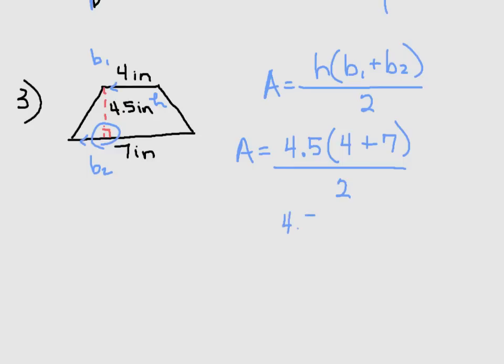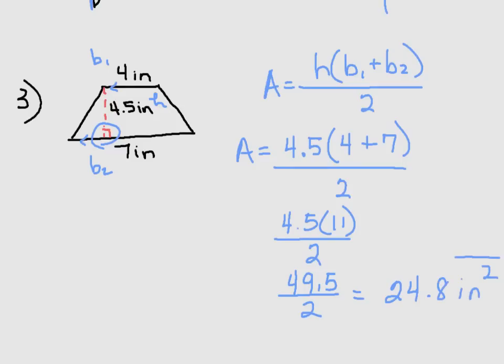So 4.5 times 11 divided by 2. 4.5 times 11 is 49.5. 49.5 divided by 2 is 24.8 when I round it to the nearest tenths, which you will do. And of course, I'm in inches squared. Okay.